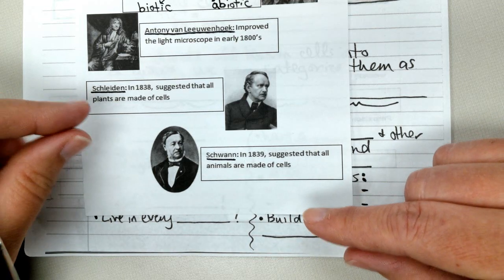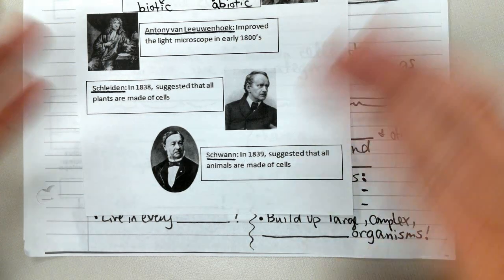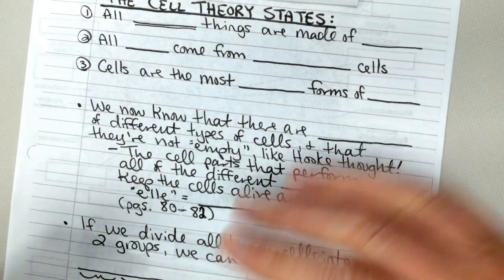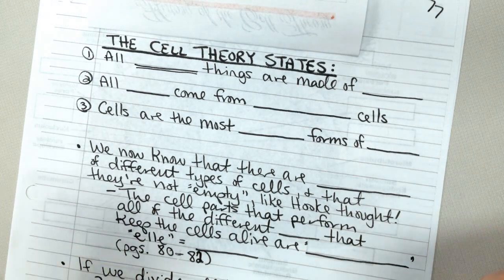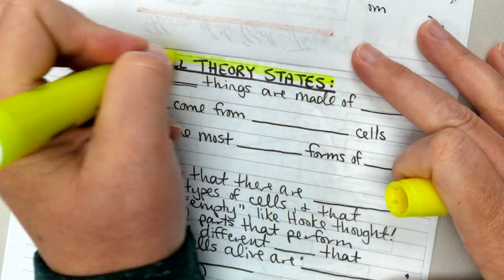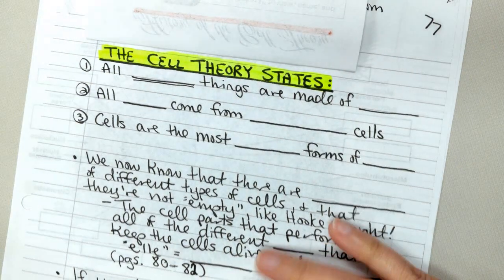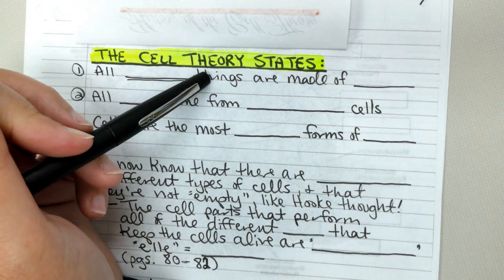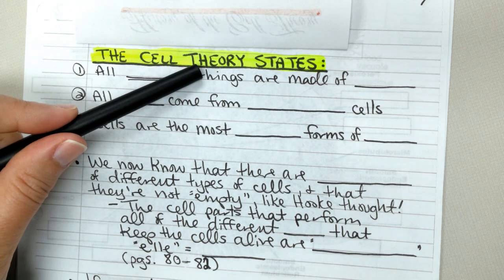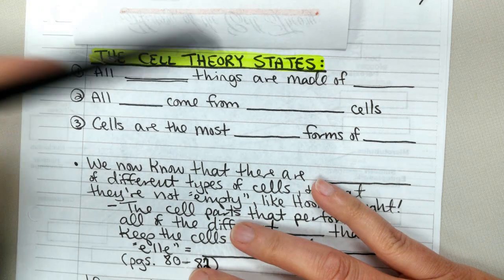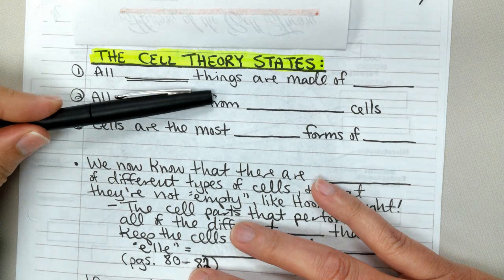So these two guys led us to say, you know what? All these living things are made of cells, okay? So we have the cell theory. And a theory, remember, do not confuse a theory with a hypothesis or a guess. A theory is not a hypothesis and it is not a guess. A theory is a group of statements that has been proven over and over again.